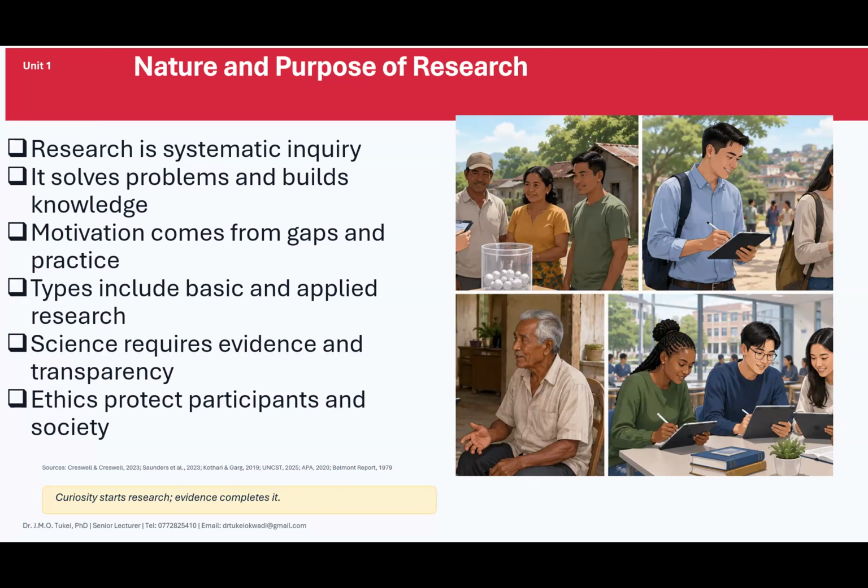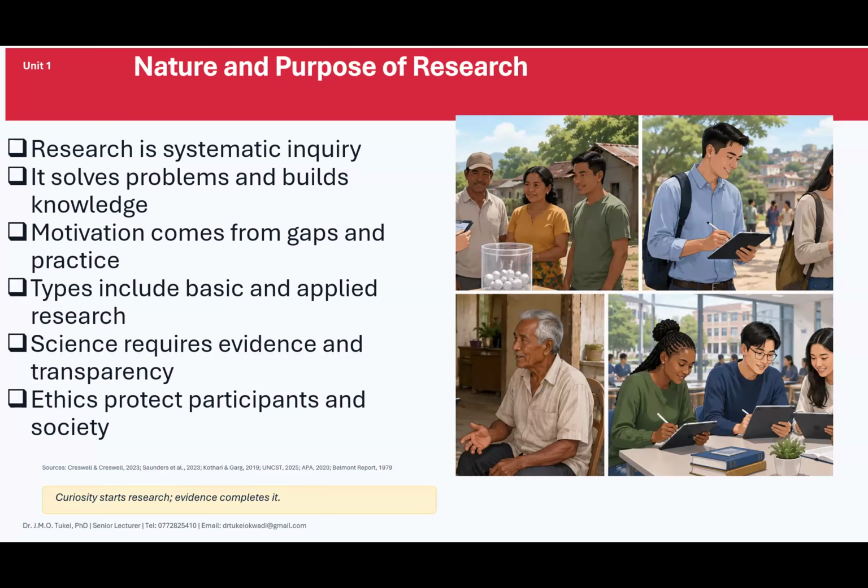So, colleagues, I want us to look at research as a systematic, logical, and ethical process of generating knowledge, or even solving a problem, by the way. It differs from ordinary information gathering. Why?